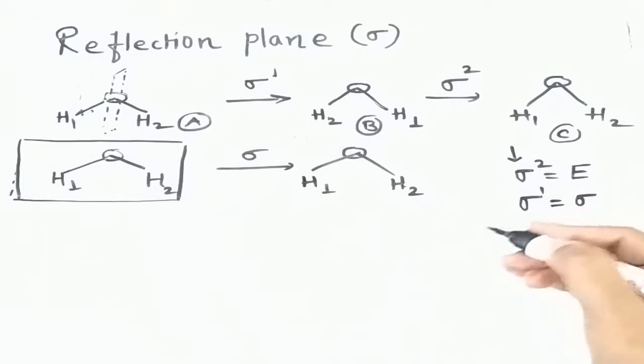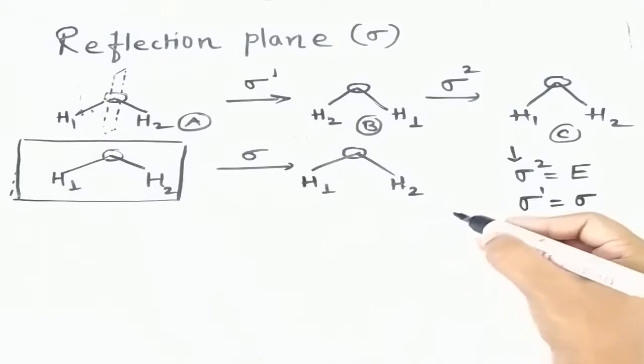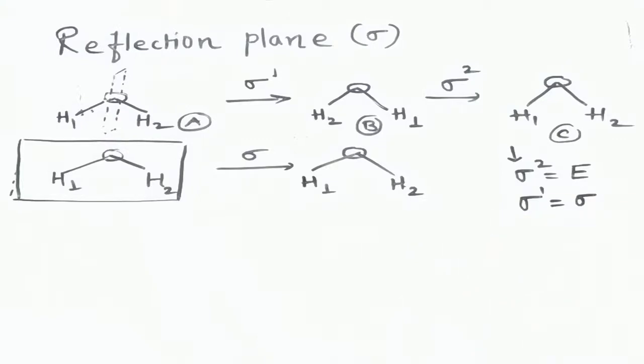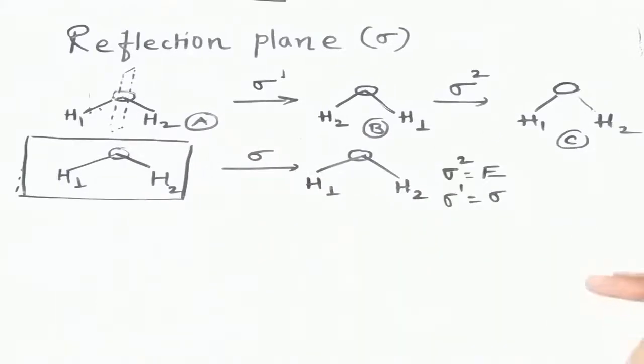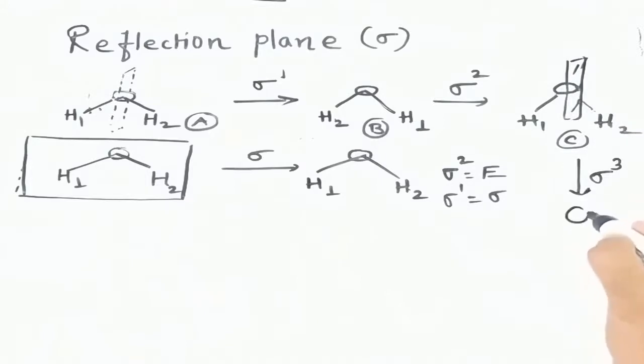Now if I go on operating in this manner, let us see what happens. This theory is applicable to every sigma if you operate on all. If you operate further sigma on molecule C, it will be sigma raised to 3, reflection thrice, again through the oxygen atom. So what change will I get?